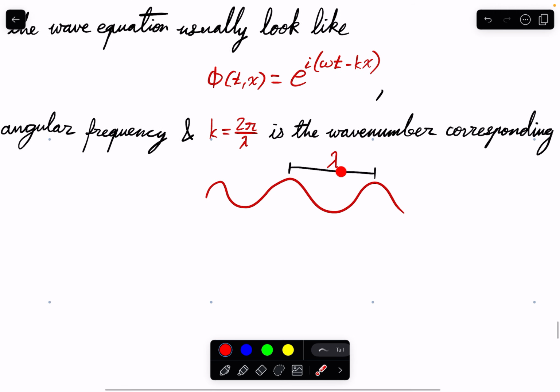And so there's a relationship between angular frequency and this wave number right here, or wavelength.